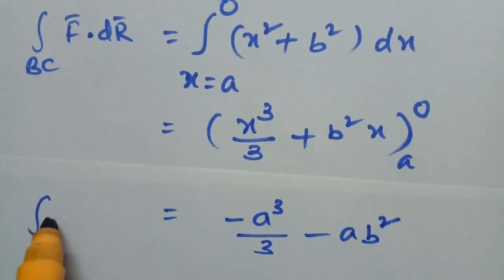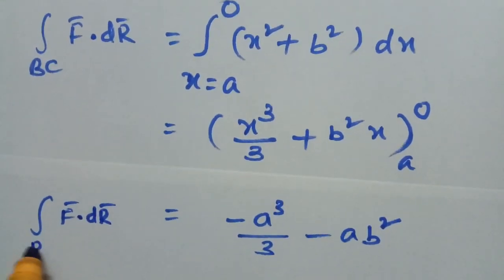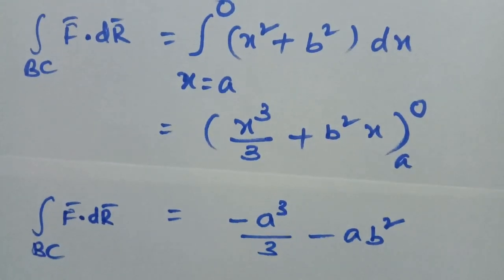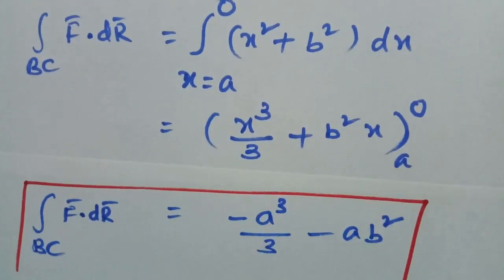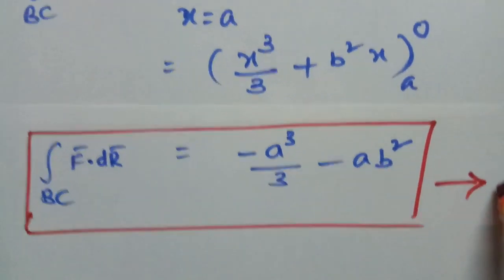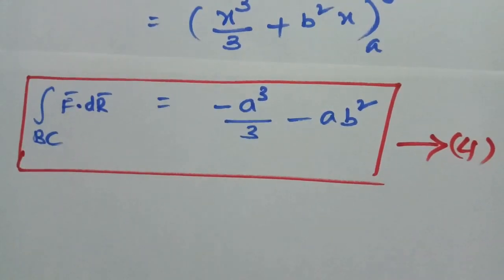That is the integration of f bar dot dr bar along BC. Say this is equation number 4.